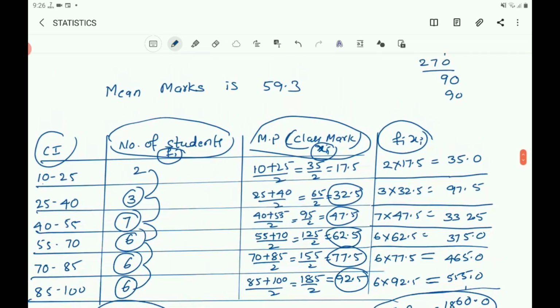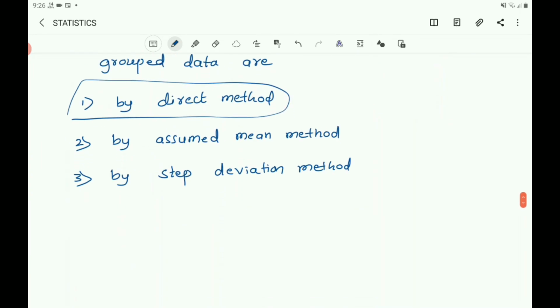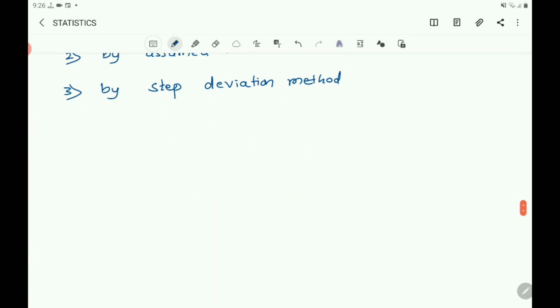And one thing you have to keep in mind is that the midpoint of the class interval, which is also called the class mark, is to be found by us using the formula upper limit plus lower limit divided by 2. So write the formula to find the class mark or midpoint.